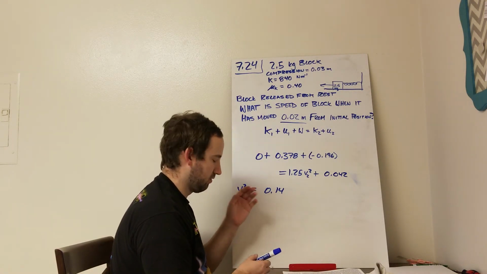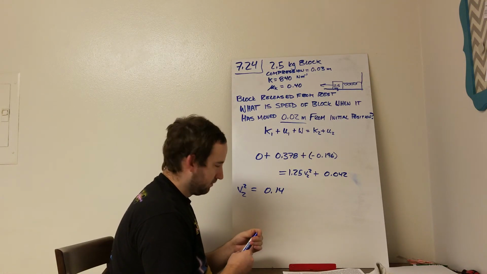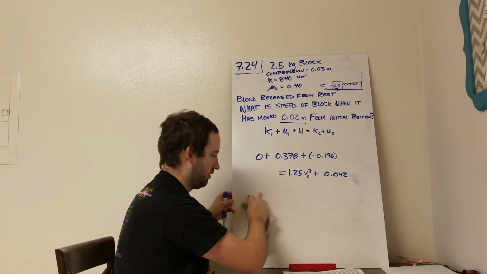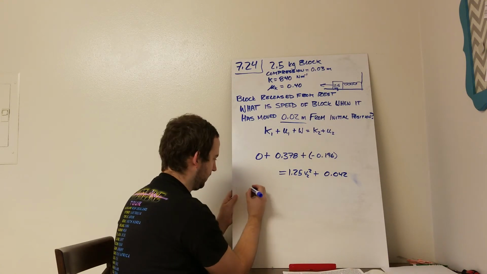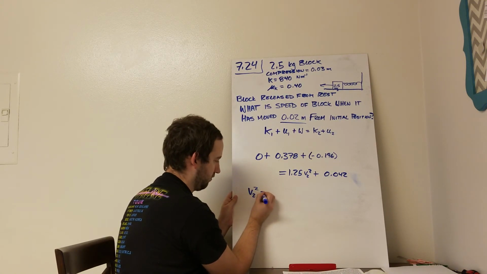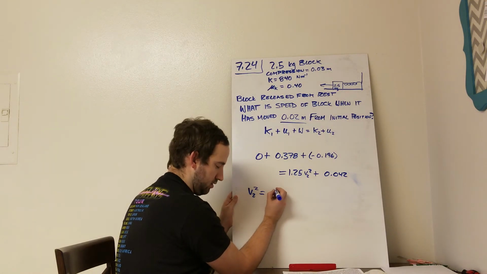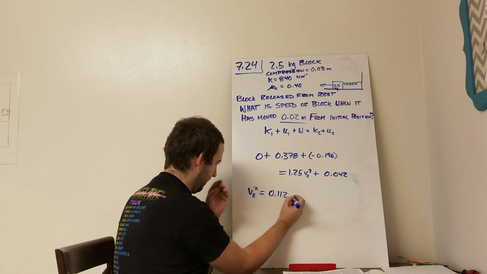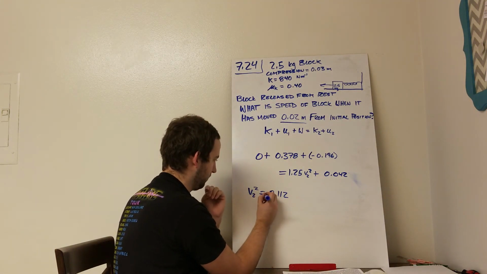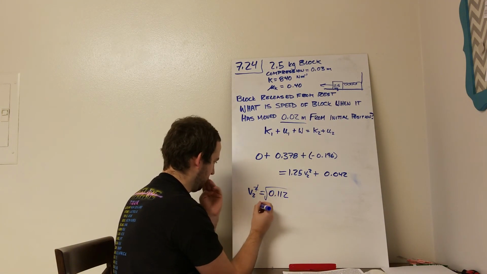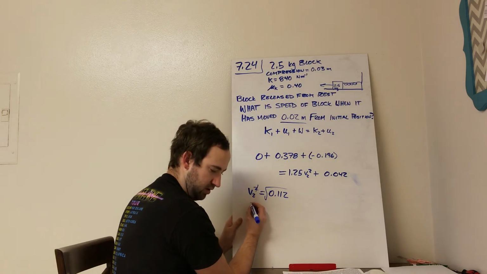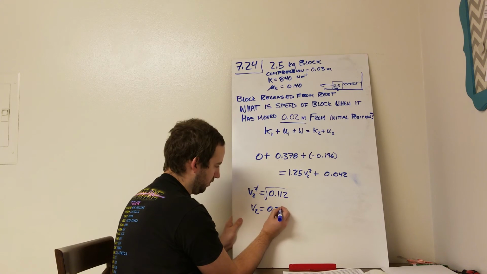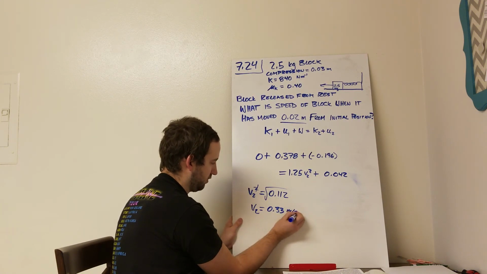And so v2 squared equals 0.112. And then once we take the square root, we end up with v2 equals 0.33 meters per second.